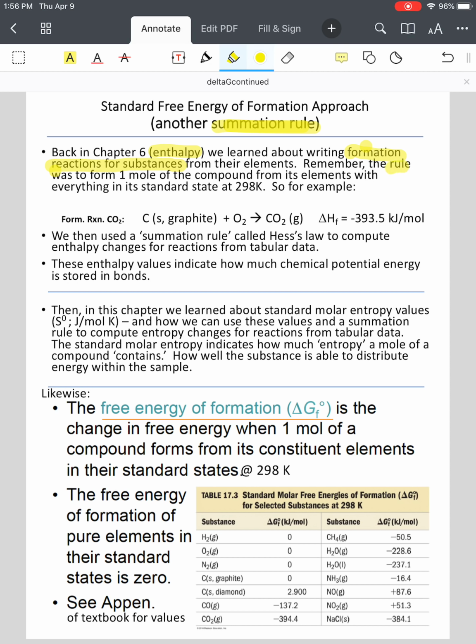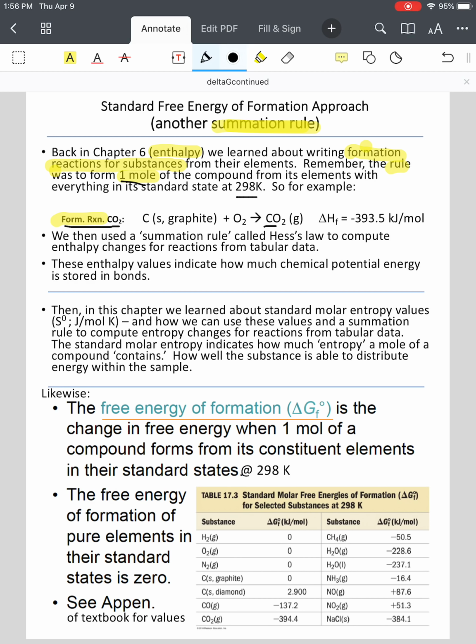But the rule to write these formation reactions is you always make 1 mole of the compound. It's really, really crucial that you make 1 mole of the compound. And you form that compound from its elements with everything in its standard state at 298 Kelvin. So if I'm going to write this so-called formation reaction for carbon dioxide, I'd start on the right side of my arrow by writing 1 mole of CO2, because that's my desired compound.